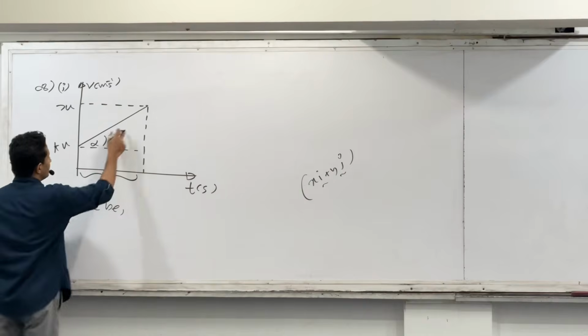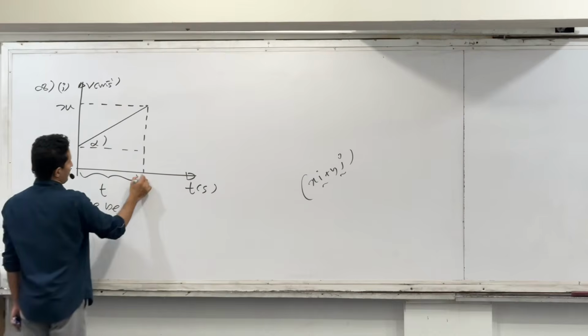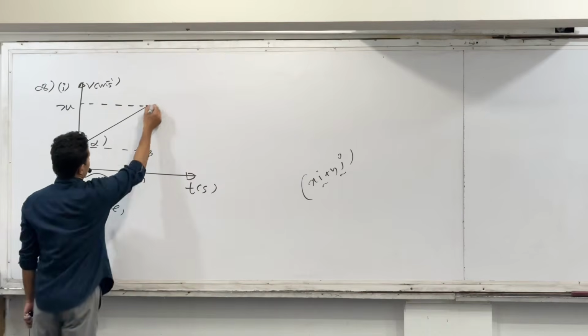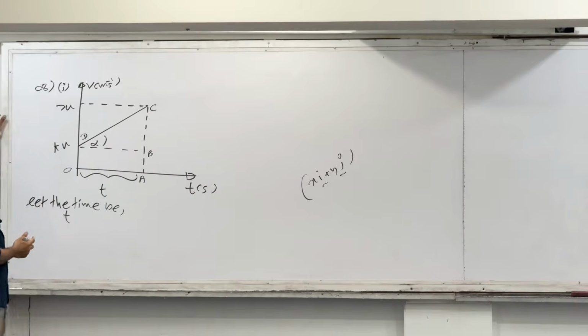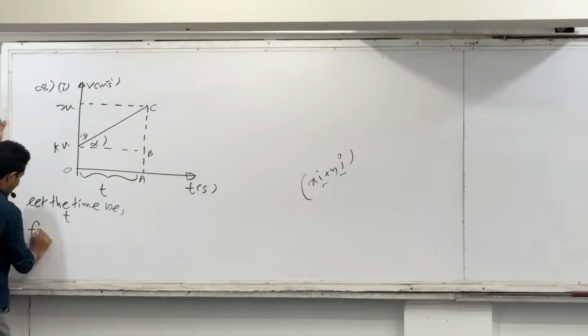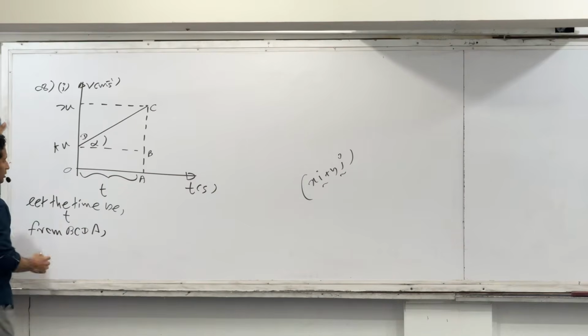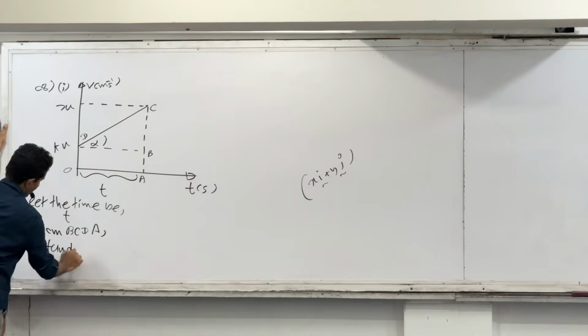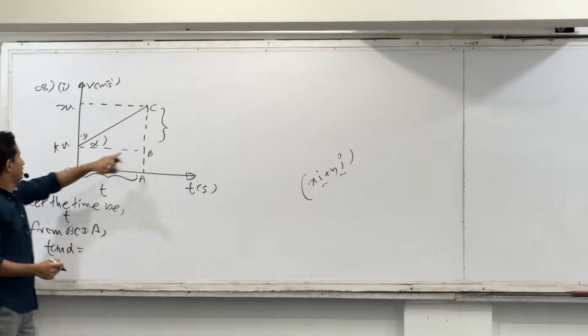Here we have O, A, B, C, D. From triangle BCD, tan alpha equals this divided by this. What is this?